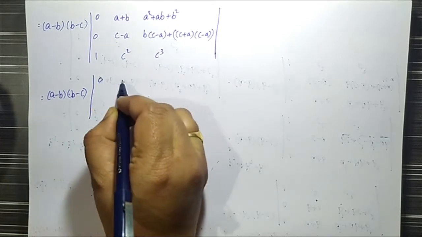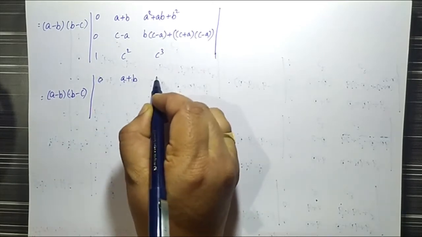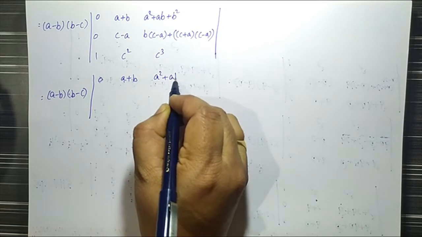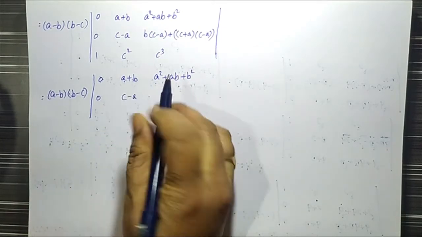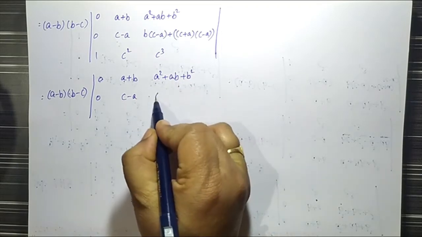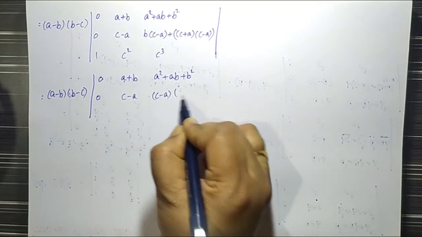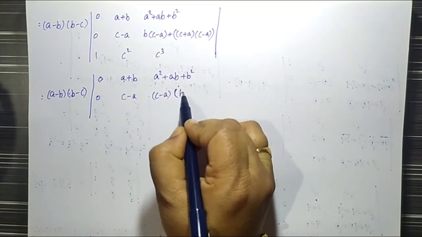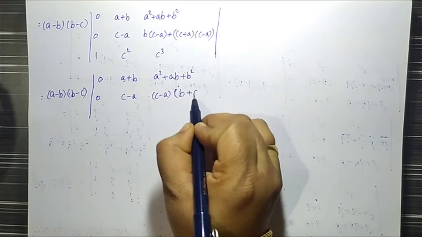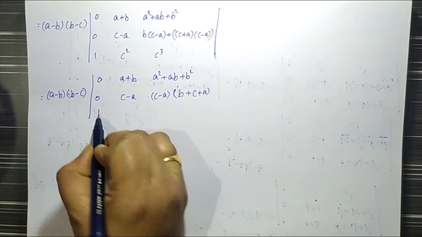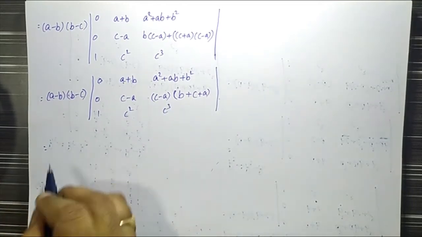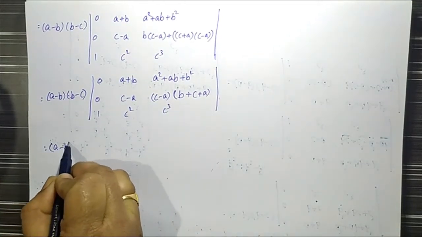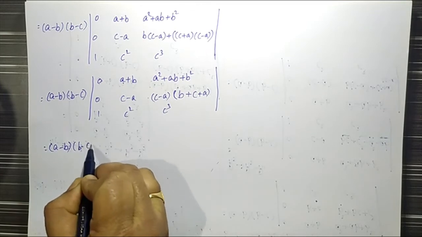Determinant 0, a plus b, a square plus ab plus b square, 0, c minus a. Here from both we take c minus a as common, then from the first term b plus c plus a, 1, c square, c cube. That is equal to a minus b into b minus c.